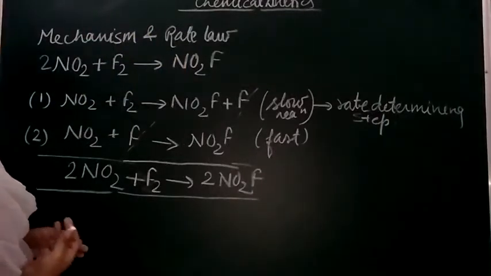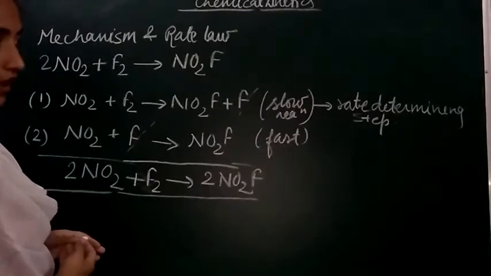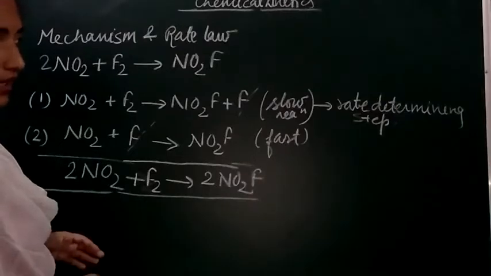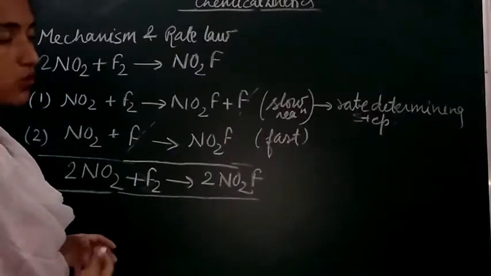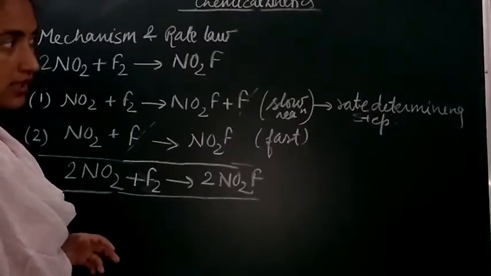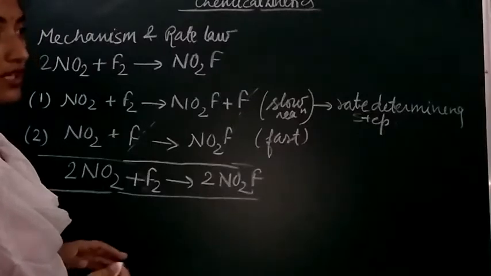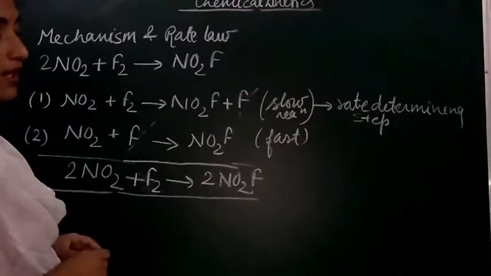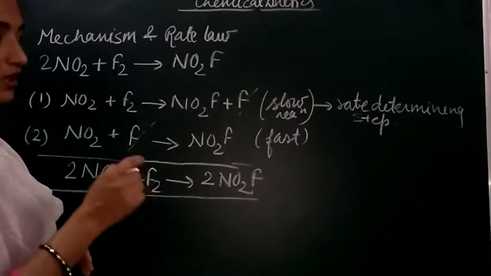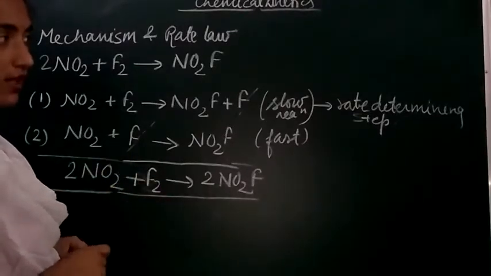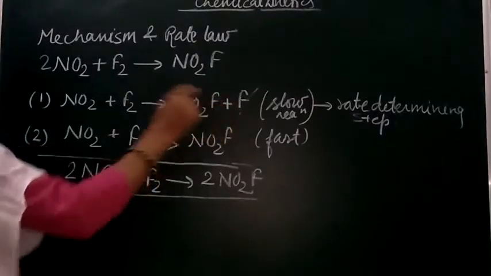It is just like playing a game: the one who is the slowest in the act determines the speed of the game's completion. So here the rate of the reaction is going to depend upon the slowest reaction.